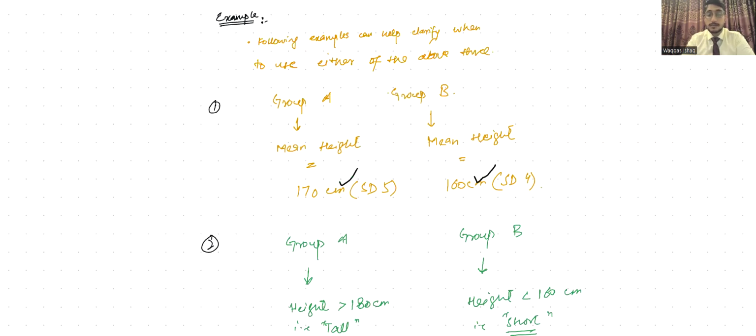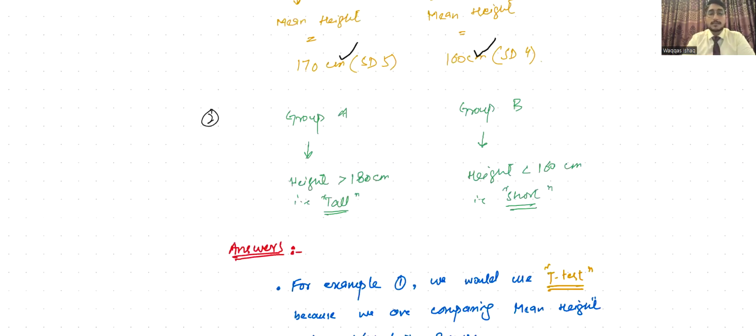So that's the first example, keep that in mind. Now we have another group A. In this group, we have individuals who have height greater than 180 centimeters, meaning they are tall. While group B has individuals who have height less than 160 centimeters, meaning they are short.